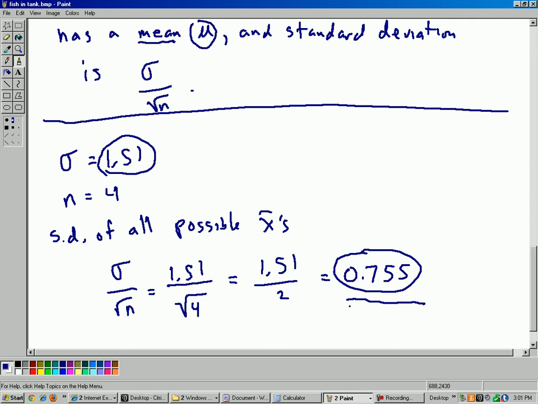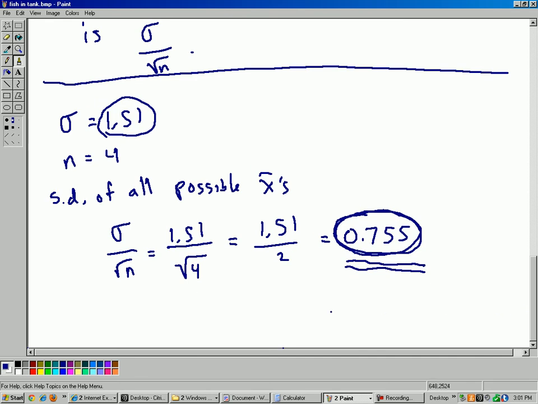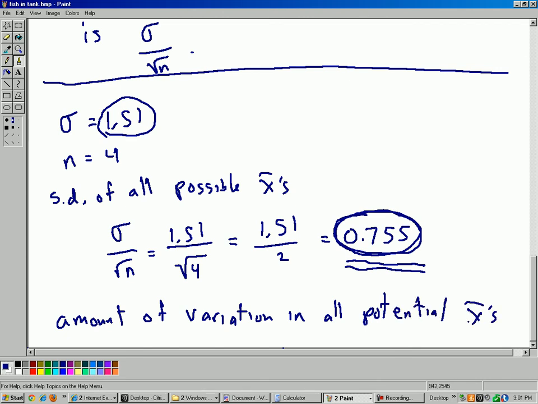Now, what does this number tell us? Well, we know standard deviation in general means how much variation you have among your individuals. But in the context of a sampling distribution, standard deviation tells us how much variation you have among the possible x bars you could get. So this 0.755 means the amount of variation in all the potential x bars you could get. And the smaller, the better.